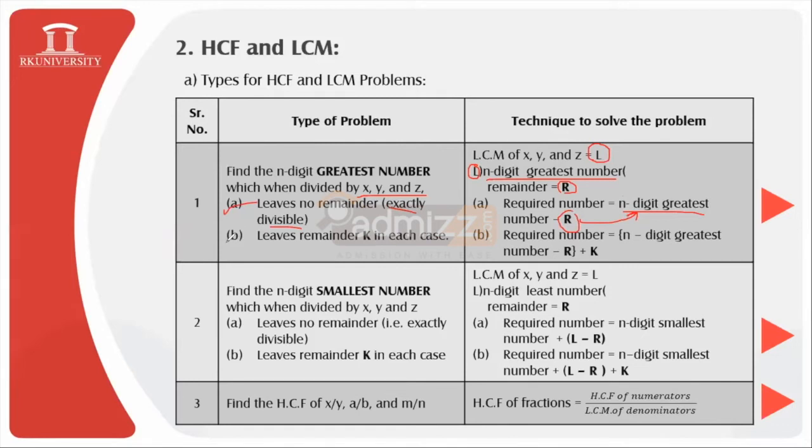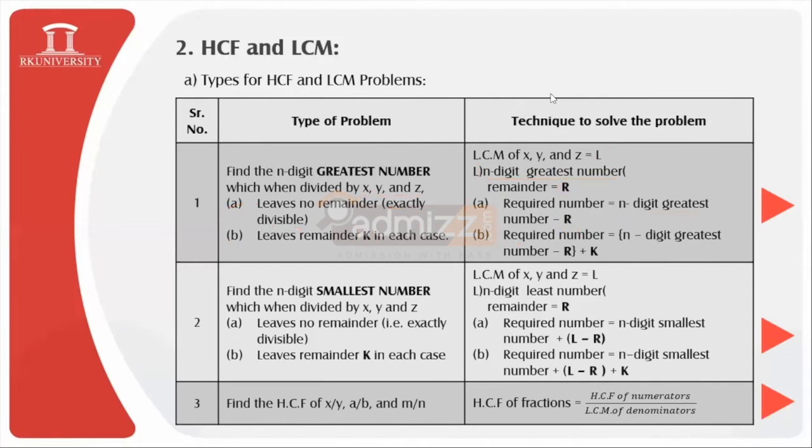And if it is a case of leaving a remainder k in each case, then the answer which we found in case A needs to be added to this k value, and it will result in the answer to case type number 1B.